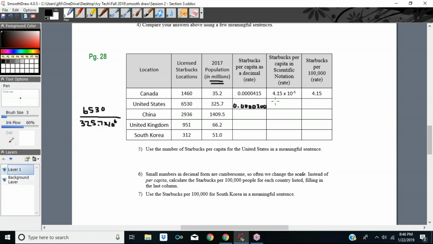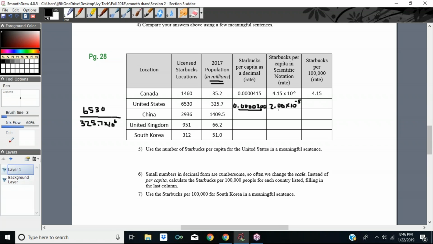So it says Starbucks per capita in scientific notation, 2.00 times 10. Since we're moving the decimal to the right, 1, 2, 3, 4, 5 places, it's going to be the negative 5th power in scientific notation. Then it says the Starbucks per 100,000. So now we're going to take that answer and do one of two things.